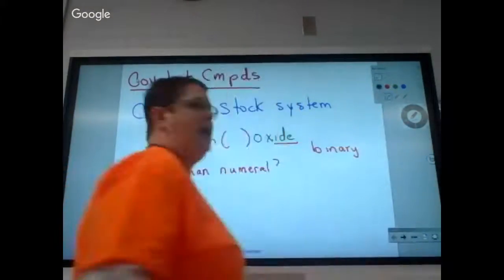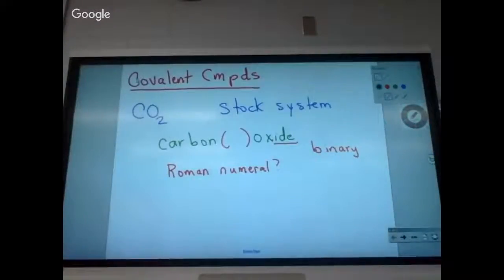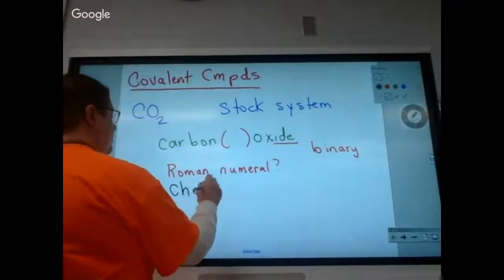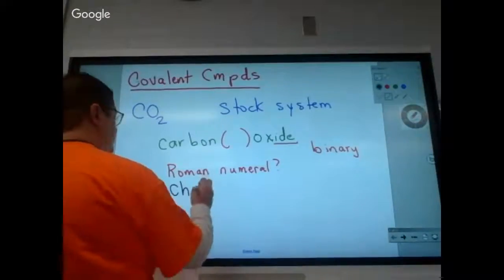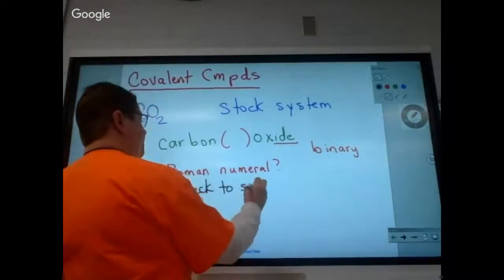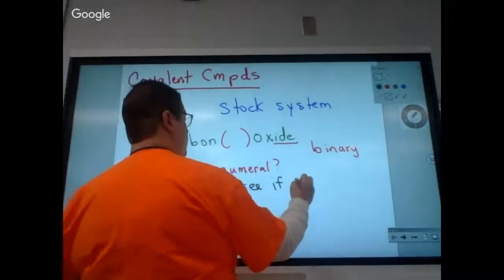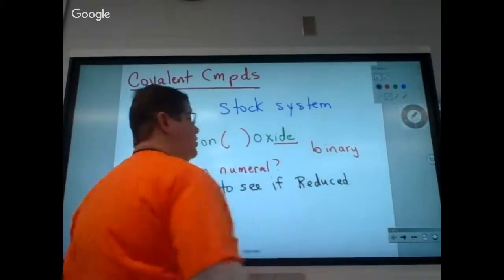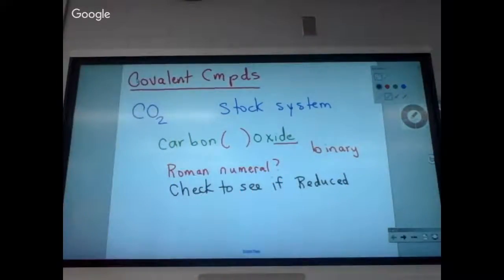Now, this is the thing about covalent compounds. Roughly half or more have been reduced. Okay? So you have to check to see if reduced. Now, you should also do this with ionic compounds, but because I hadn't taught this yet, I was pretty kind with ionic compounds, and I hadn't done that until last night's homework.